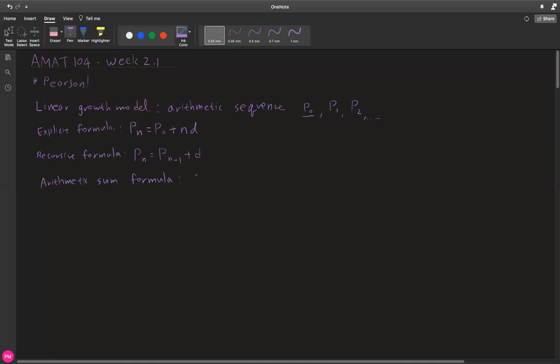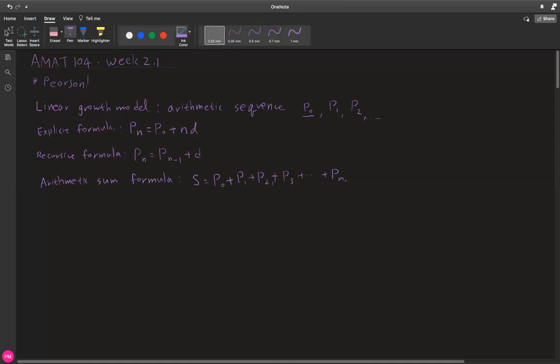S, for the sum, is adding all the terms in the sequence, all the way up to P sub n minus 1.